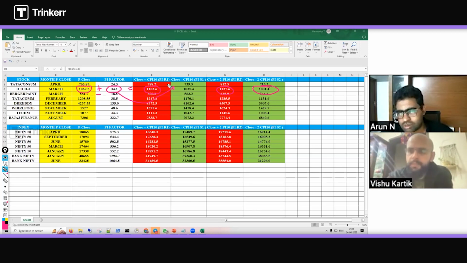Let's simply say stocks in the Nifty 50. In Nifty 50 stocks, at least 50% of stocks would be giving this entry, and maybe 30% of stocks would be giving this entry. This is a little abnormal phenomenon.